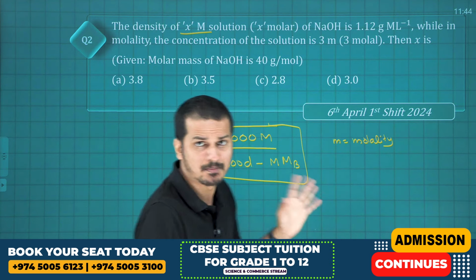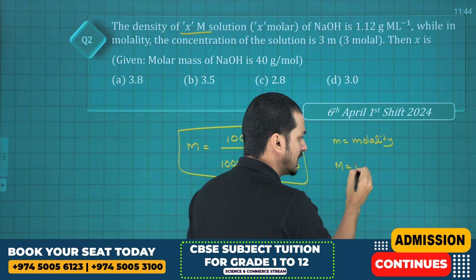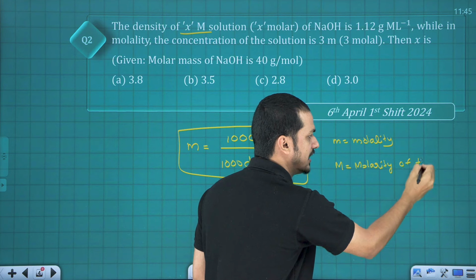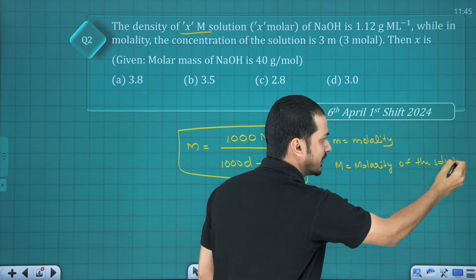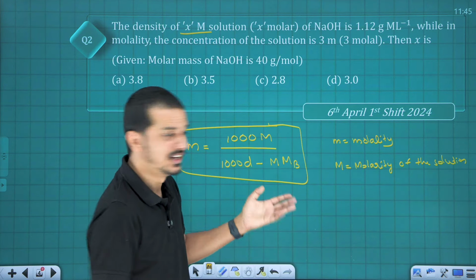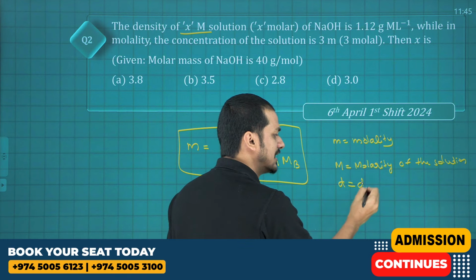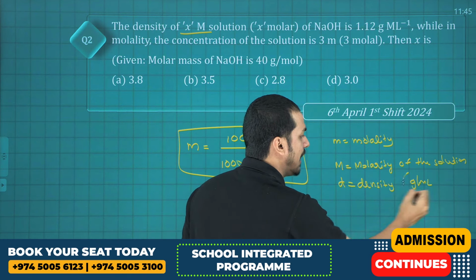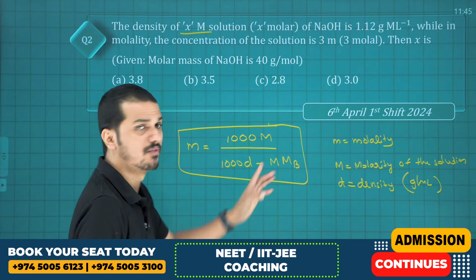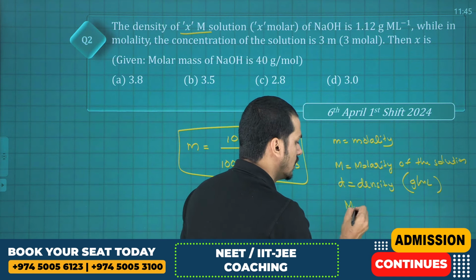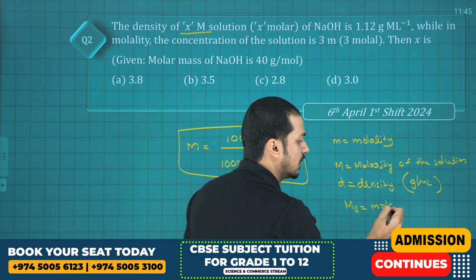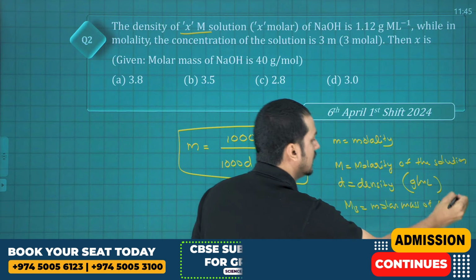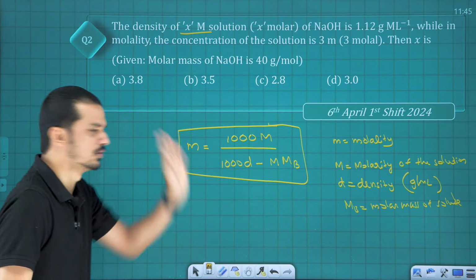Capital letter M means molarity of the solution. You got it? Yeah. And what about D? D means density. That also should be in gram per milliliter or gram per centimeter cube. Okay, don't forget. What about MB? Molar mass of solute. This much idea if you know means you can easily do it.